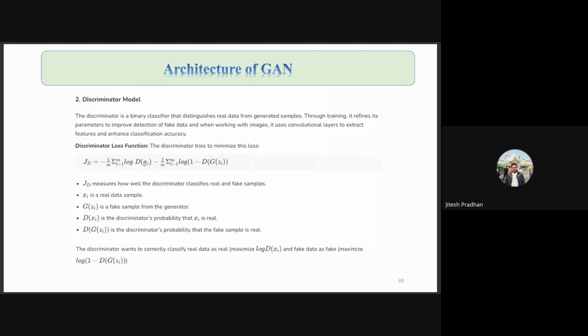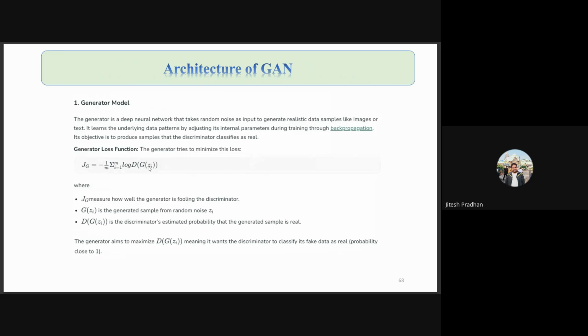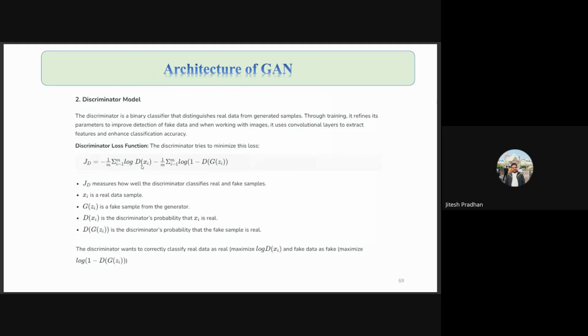Here z_i is our latent vector that we have given as an input, and G is the generator, which generates an image from this z_i. In D(x_i), x_i is the input given to the discriminator. And this x_i is from the original image set.